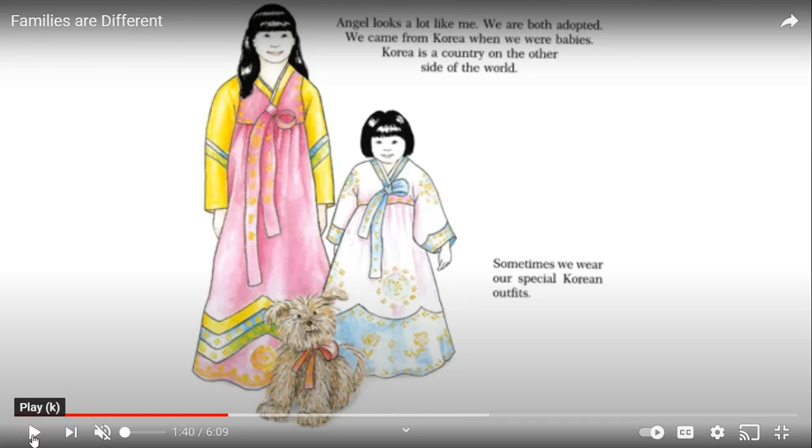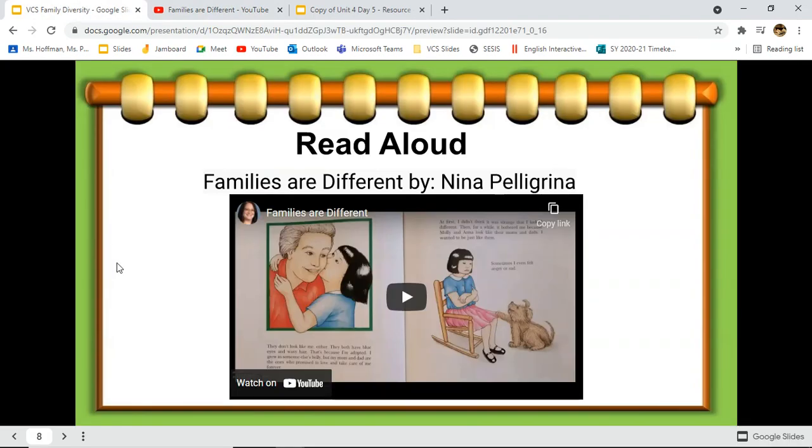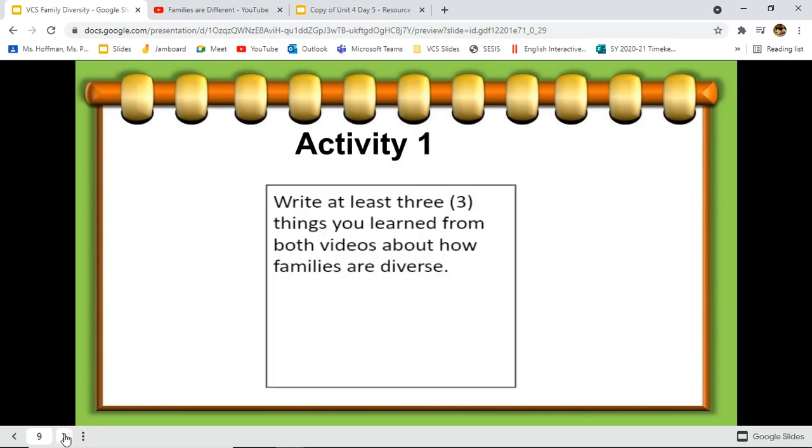So this story gives you an idea of the diversity within the families and how children can be adopted. So the first activity provided by Passport was to write at least 3 things you learned from both videos and how families are diverse.